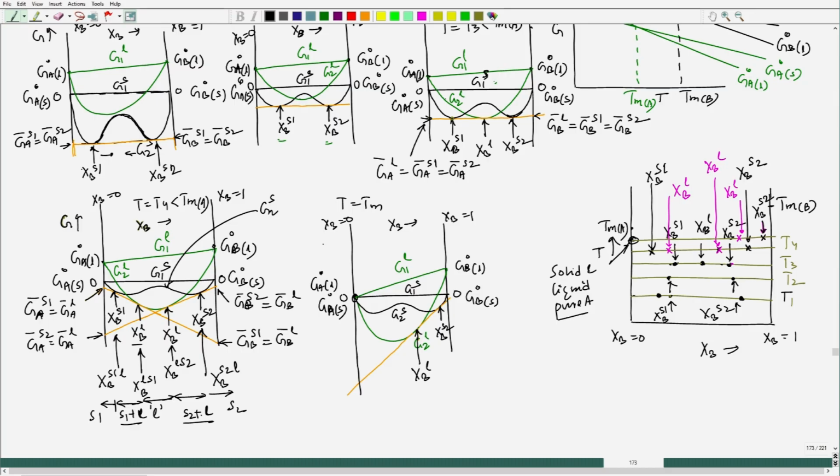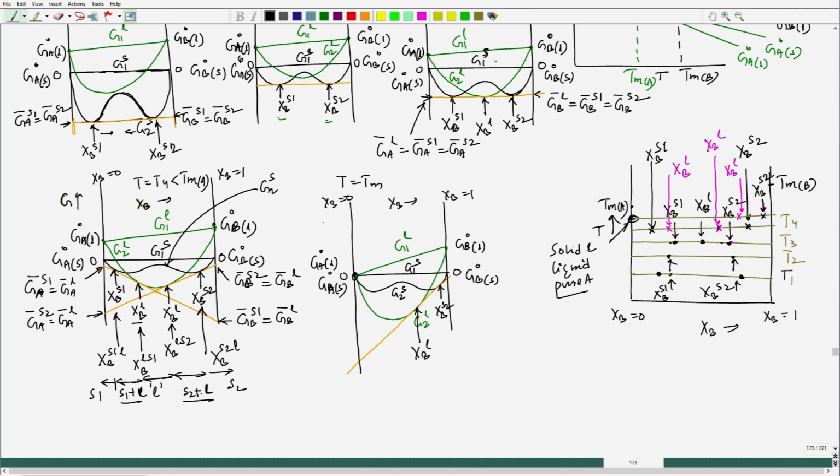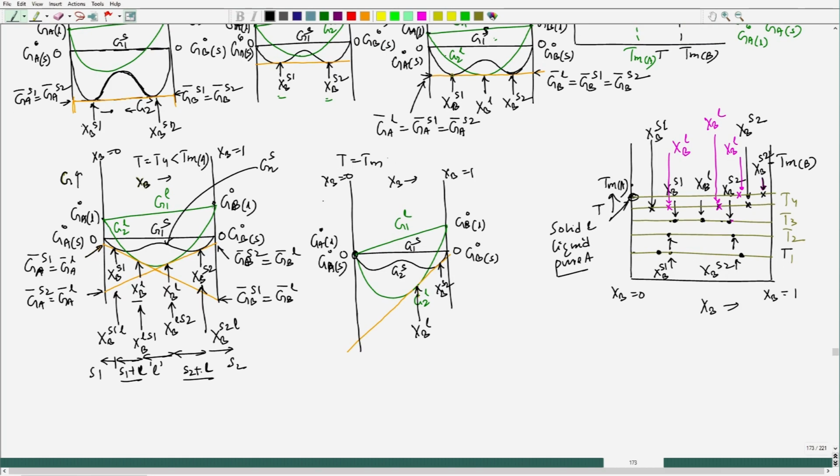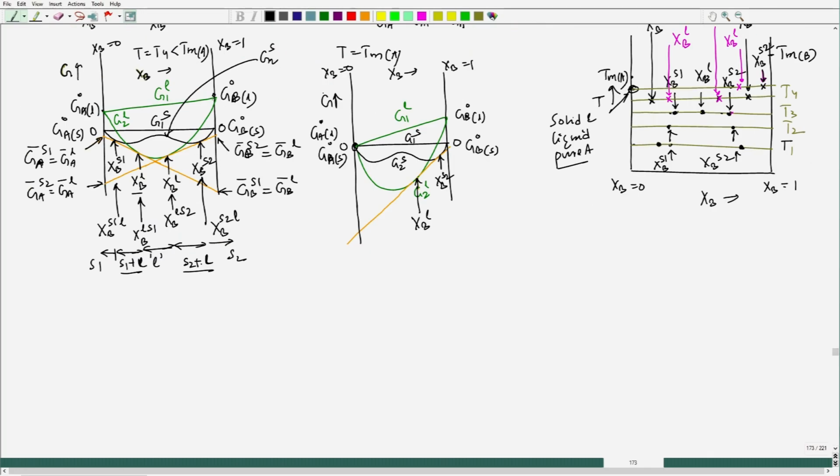This is one, and then if I keep moving towards higher and higher temperature, T mA, please modify that. This is G, and let us say I take a temperature which is in between T mA and T mB. This is T5. Okay, fine.